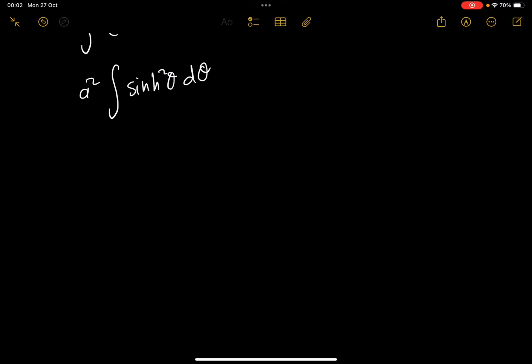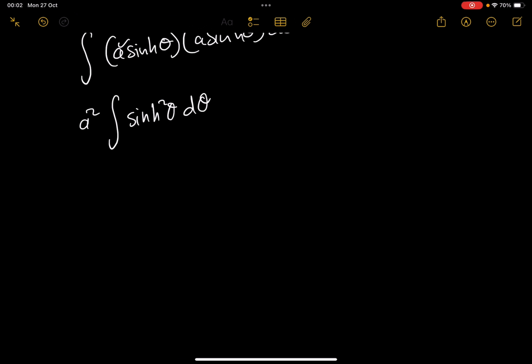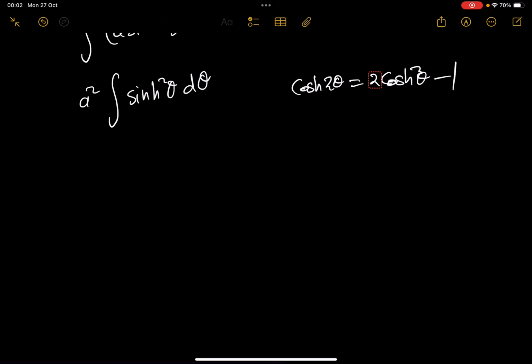From here, remember, we cannot evaluate an integral of a trigonometric function with a power more than 1. So we need to simplify this using the double angle identities. Remember that cos 2 theta is equal to 2 cos squared theta minus 1, right? And also this is the same as 1 minus 2 sin squared theta, right?